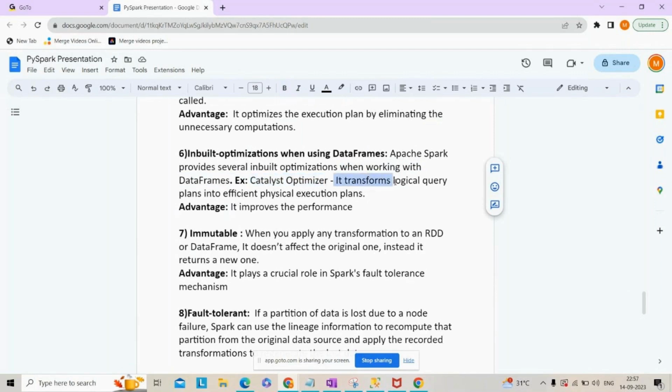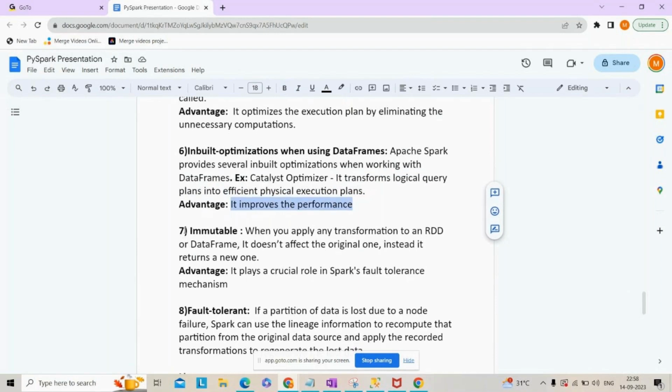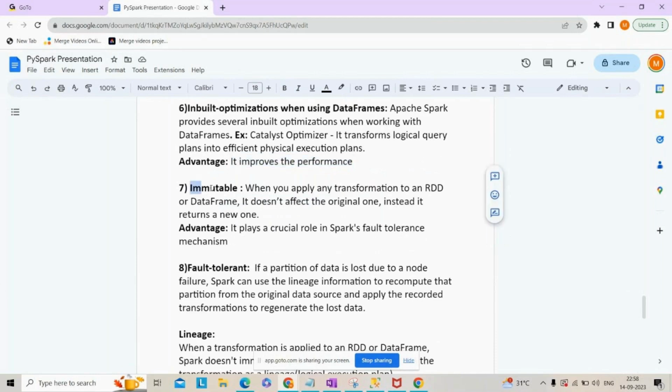It transforms a logical query plan into an efficient physical execution plan. Therefore, what is an advantage? It improves the performance. Understand? Right.